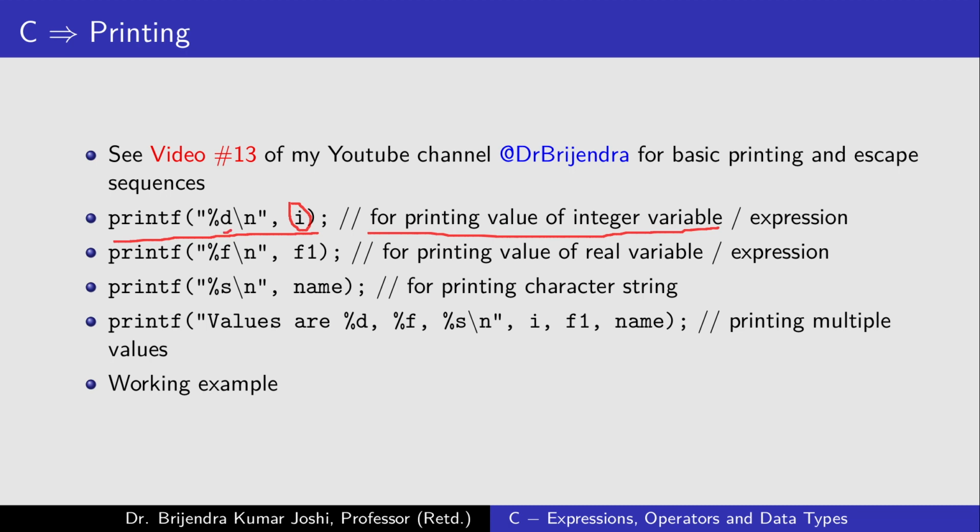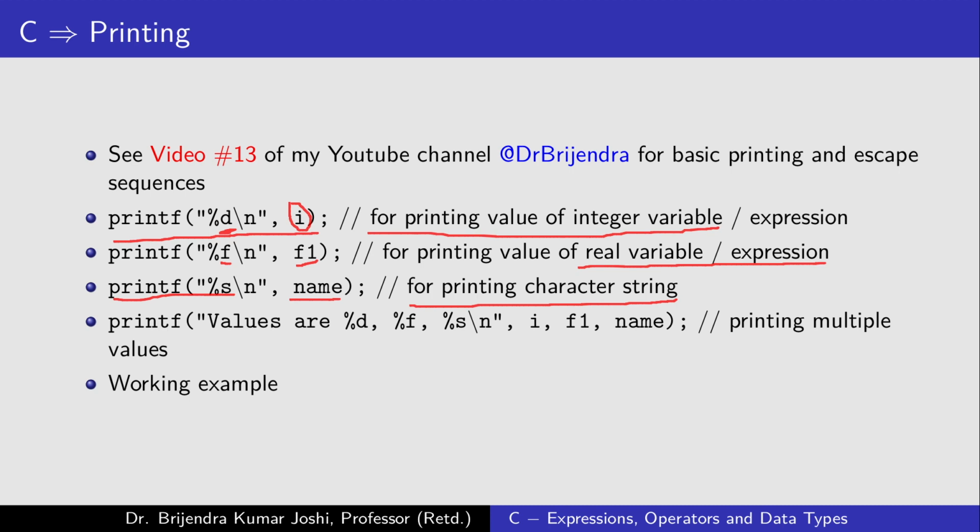So %d is used for printing a decimal integer. %f is for printing floating point values, a real variable or expression. So f1 must have been declared and assigned a floating point number. %s is for character strings.